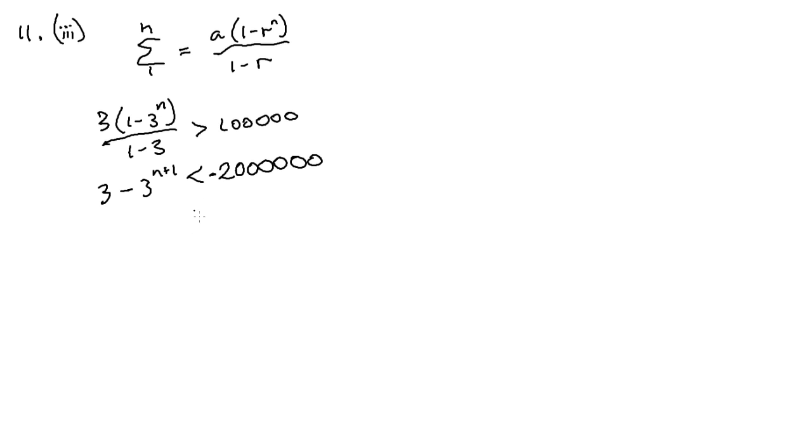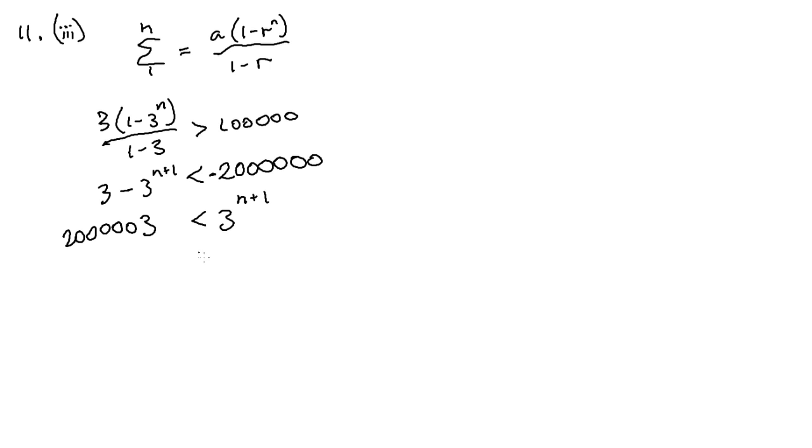Now rearrange everything so that 3 to the n plus 1 is equal to 2,000,003, because 3 plus 2,000,000 is that.